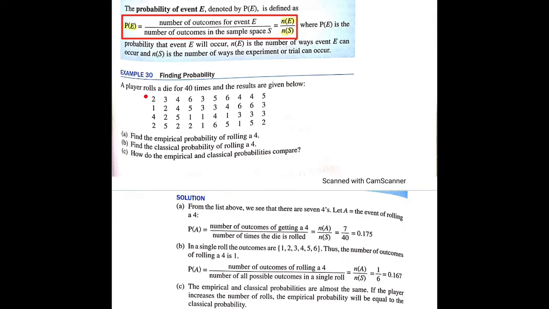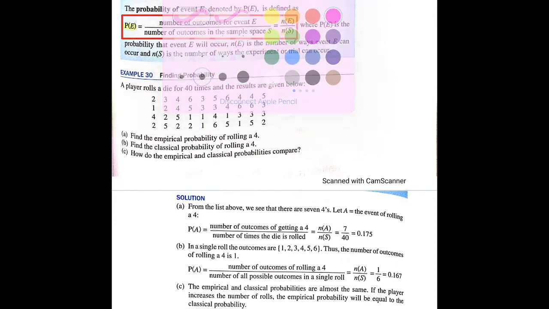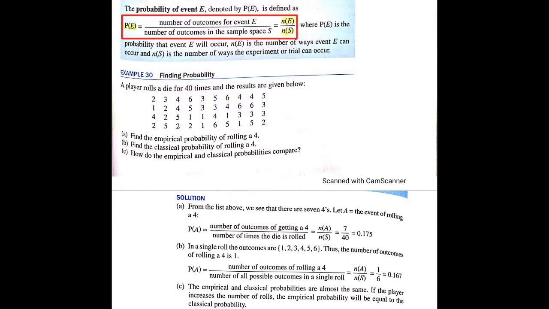The first example says a player rolls a die 40 times. So this is the experiment that the player has done. Then the question says, find the empirical probability of rolling a 4. This is very simple. Just look at the result here and find how many times we get the number 4.